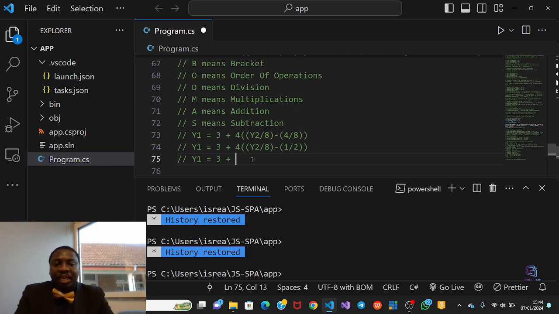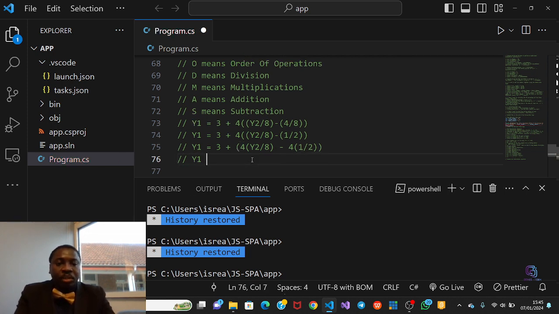Since we have the brackets, we have to bring in the 4 into each and every one of them. So we open the brackets, it will be 4 into bracket y2 divided by 8, minus, so we have 4 into bracket 1 divided by 2.